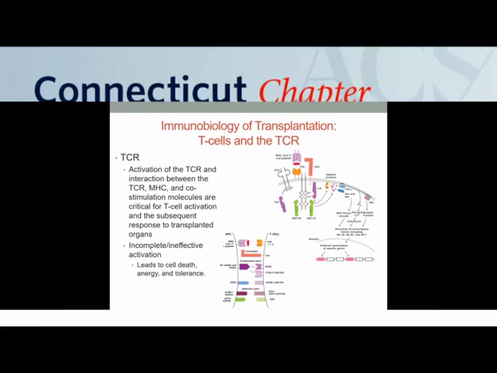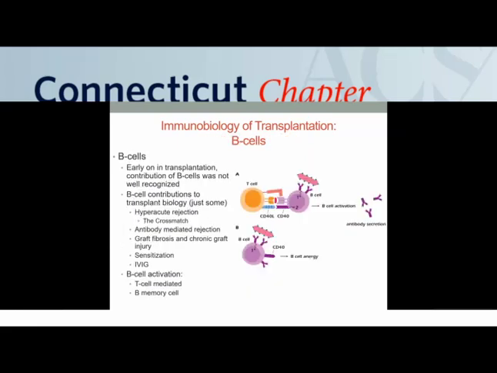All right. Okay. So B cells. B cells really don't become activated until T cells do. So a T cell may become activated, recognize that a graft is injured, then it encounters a B cell that is also presenting antigen, and it causes that B cell to become activated and then produce antibody against that graft.